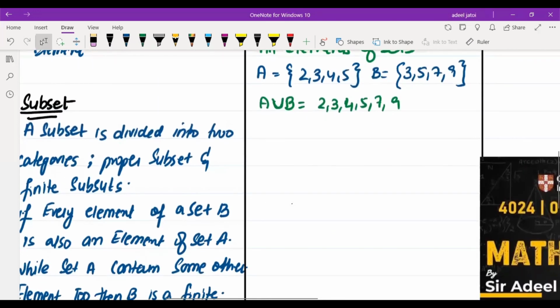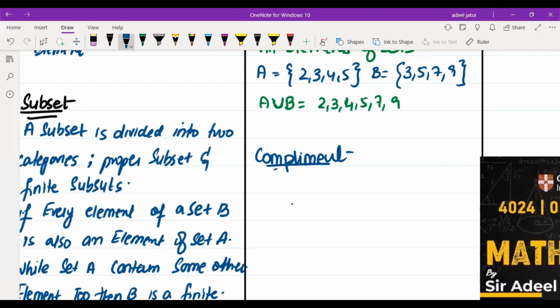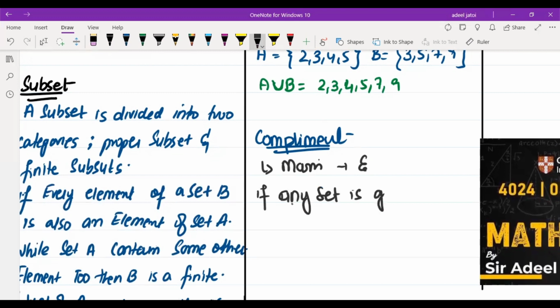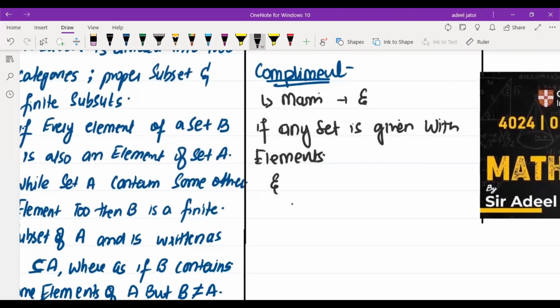Then what do we have? We have complement set. As I said, your main set is the universal set, and if any set is given with elements, let's say your universal set is 1, 2, 3, 4, 5, 6, and your set A has values 3, 4, and 6.